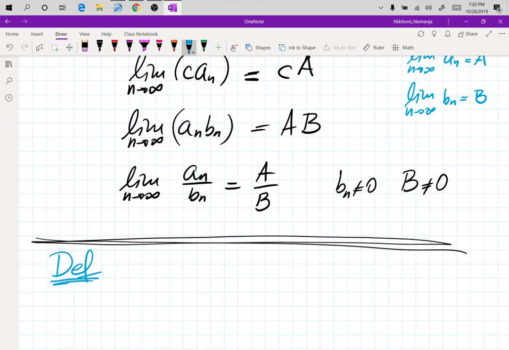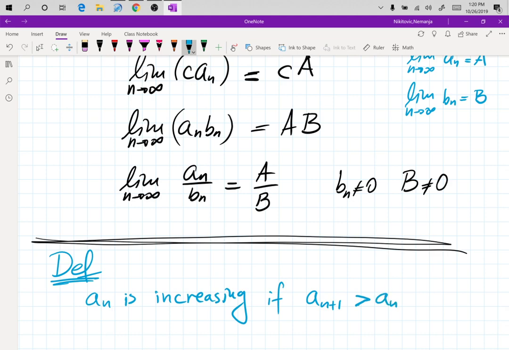Now this is not the definition of a sequence or anything. It's just definitions for words that you're going to see. So an is increasing if an plus 1 is bigger than an.